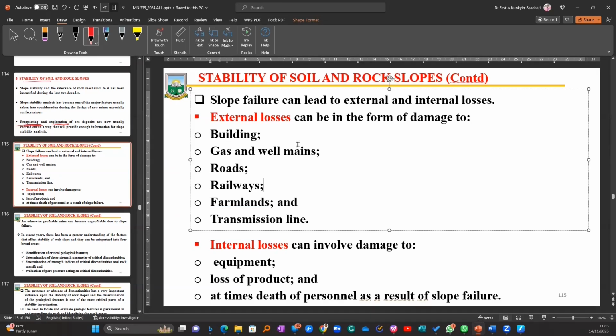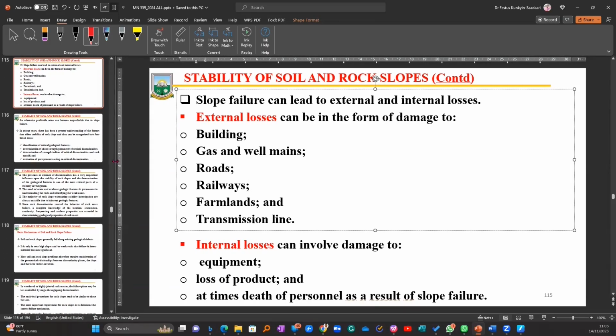To understand this in simple terms, any losses from slope failure that occur in your mine, within your concession, just take the keyword as your concession, the jurisdiction of the mine, and that does not extend to nearby communities, roads, and other access points that are not within your concession, we term those losses as what? External losses. But anything within your concession, any loss that occurs, we term as internal losses.